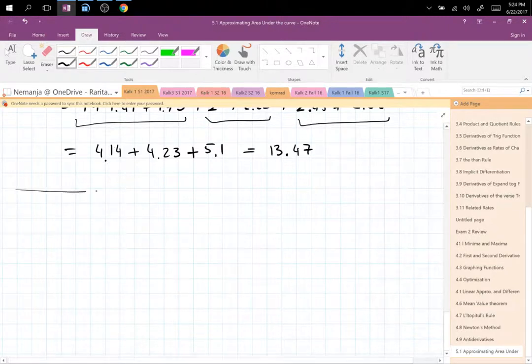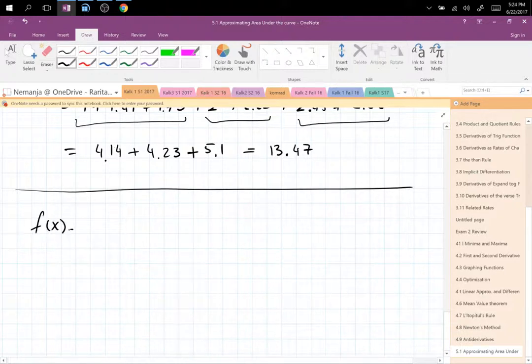You can also do the right-hand sums. So let's say your function f of x is equal to, next week, well, what function should we use now?